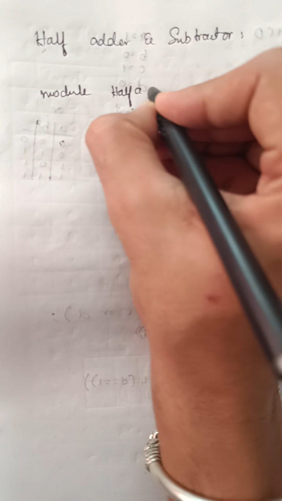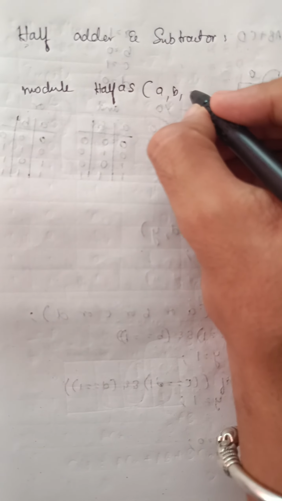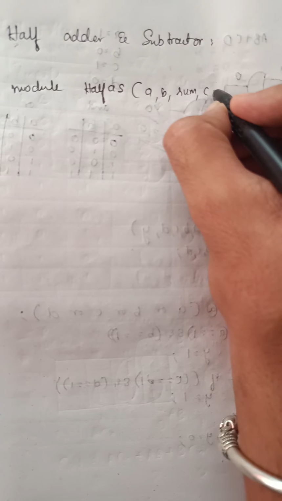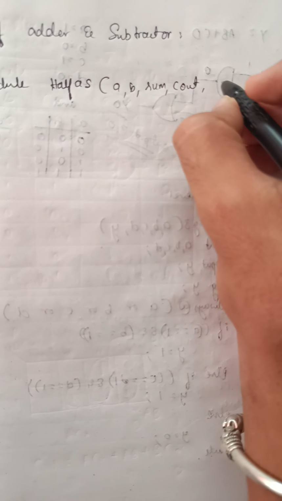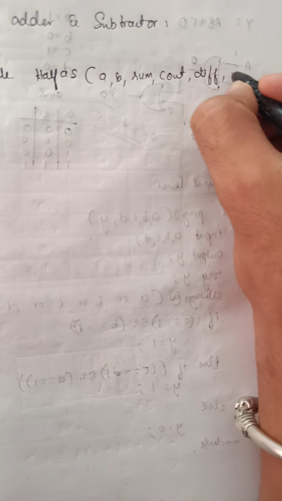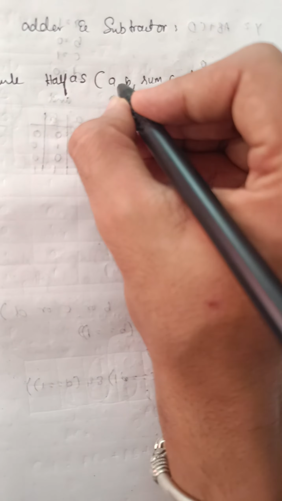Inputs are a and b, and the outputs are sum, carry out, difference and borrow out. Inputs are a and b only.